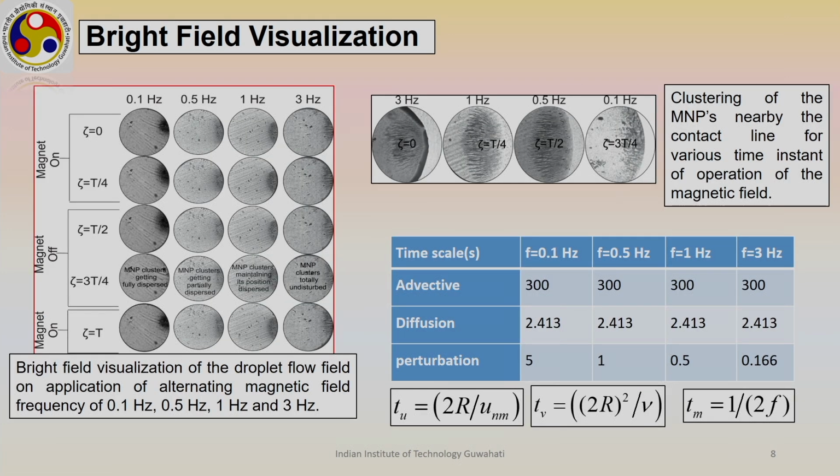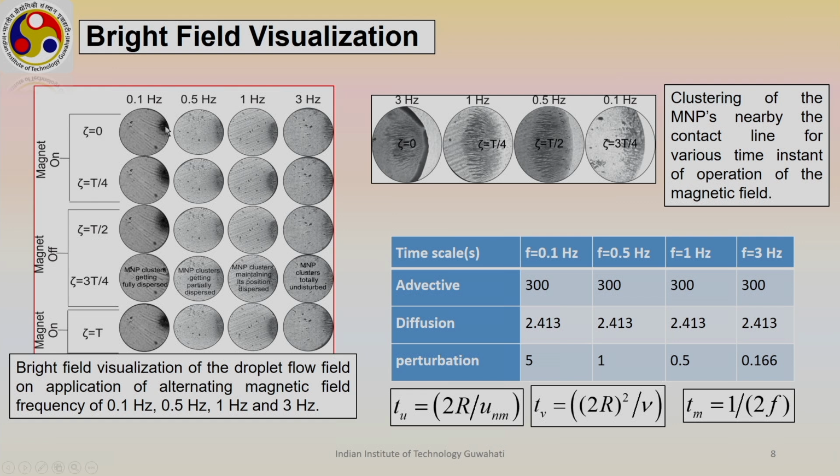this is also the bright field visualization, but which we have obtained for 4 different frequencies. We have considered 4 different frequencies and we have shown magnetic on and off. So, tau 0 plus, that is magnetic is on.